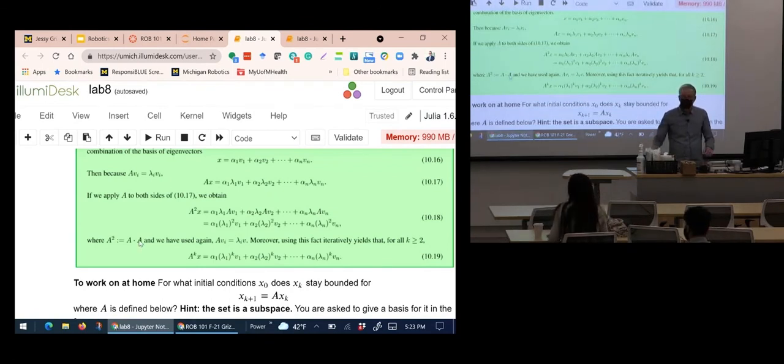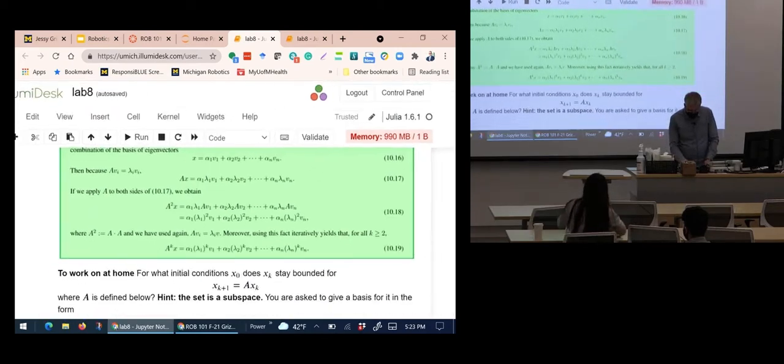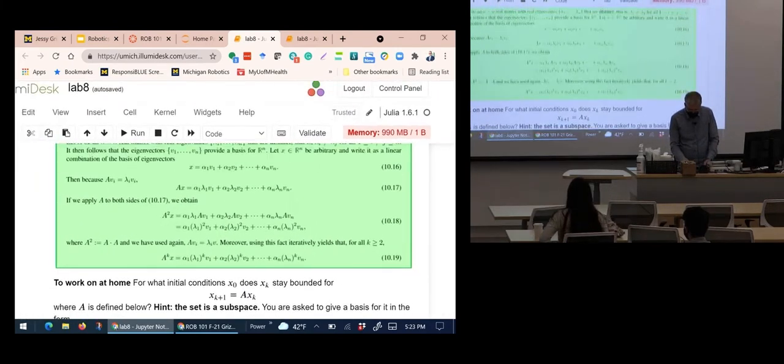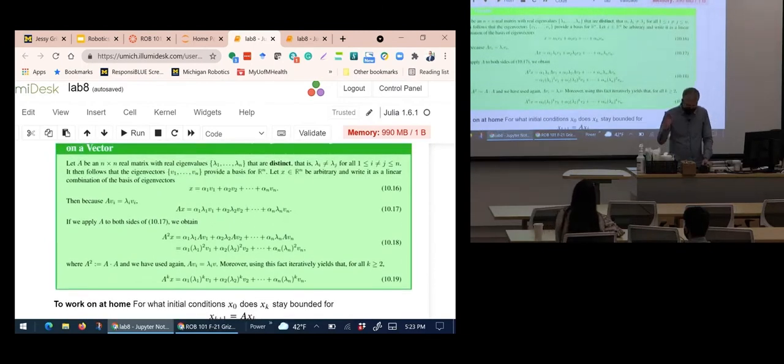Question? Amazement? Ooh, ah. Okay, so the faculty in computer science who teach machine learning and computer vision wanted to make sure that you guys had some exposure to eigenvalues and eigenvectors.